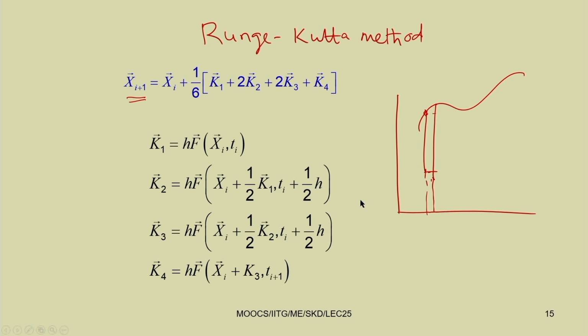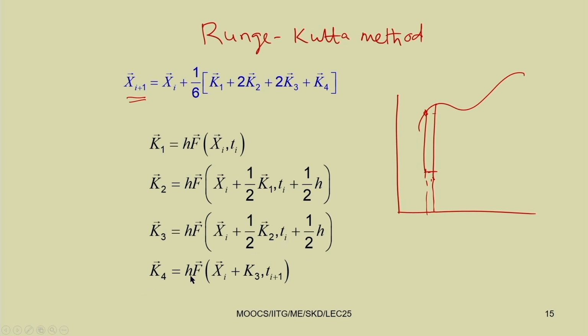Then k 1 can be written as h into f of x I, t I. Then k 2 will be h f of x I plus half k 1, t I plus half h. Then k 3 will be equal to h f of x I plus half k 2, and the time will be t I plus half h.